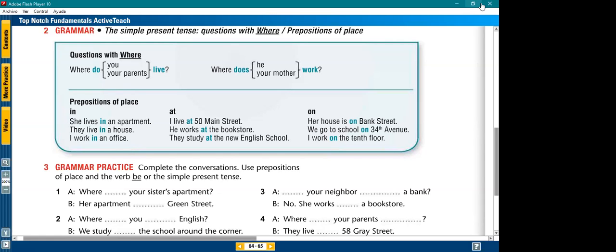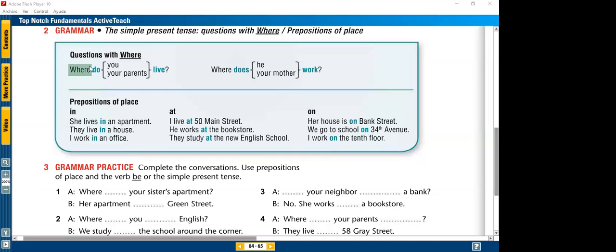And look at these, students. The questions with where. Well, you know the structure, right? Ya conocemos, digamos, la estructura, ¿verdad? You have here where, the WH word. Then we have the auxiliary.